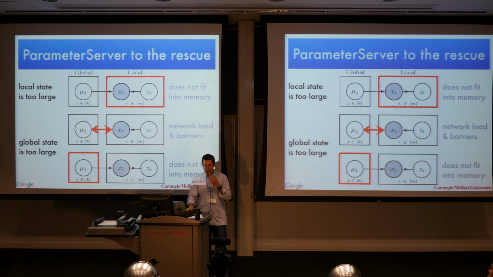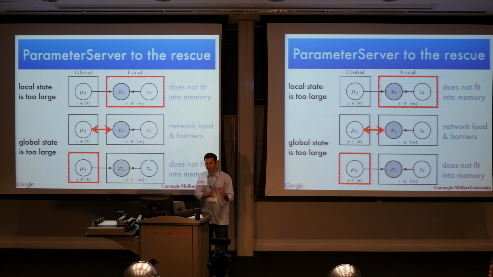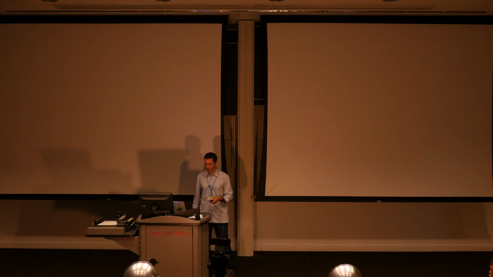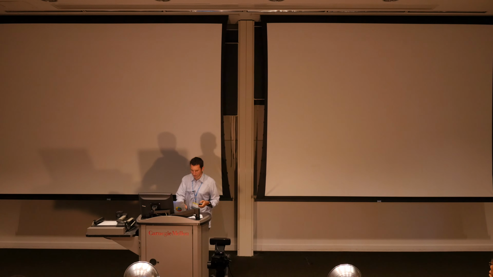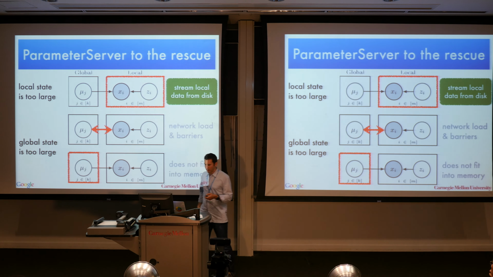The second thing is that I need to deal with the fact that the global state is too large for possibly a single machine, and it doesn't fit into memory entirely. So I keep a local view, and I synchronize this between local and global appropriately. So let's just go through it. So you basically stream from disk.